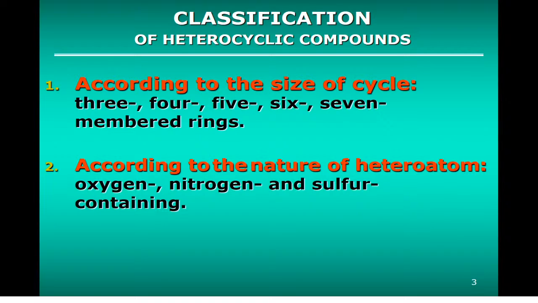The second classification is according to the nature of the heteroatom. The heteroatom can be oxygen, nitrogen, or sulfur. Most often there are compounds containing more than one, that means oxygen and nitrogen containing, or sulfur and nitrogen containing. Not often, but there can be compounds containing more than two.